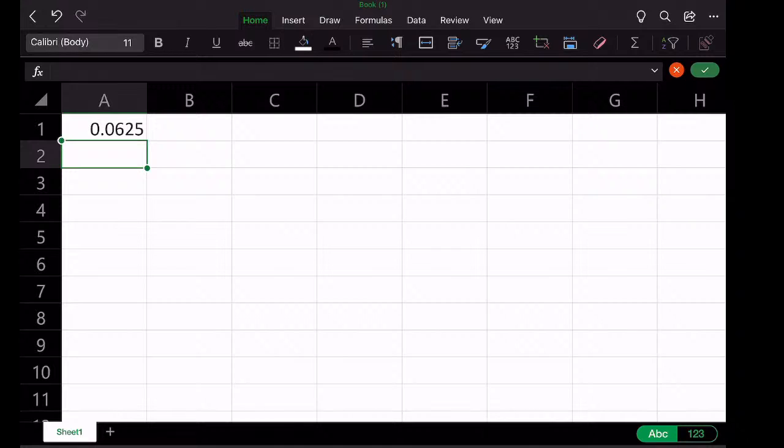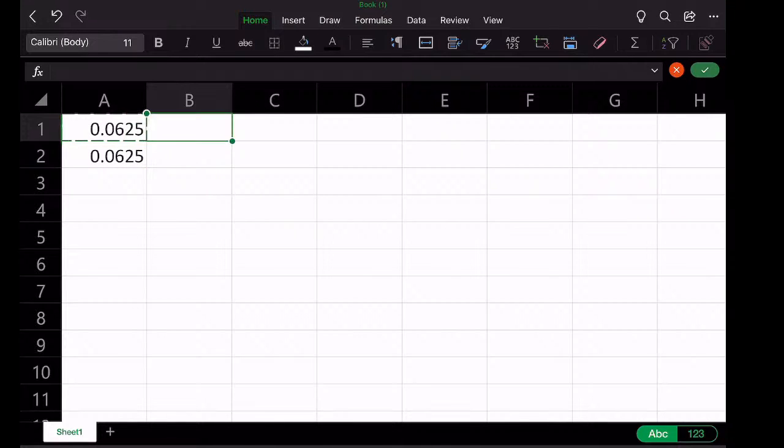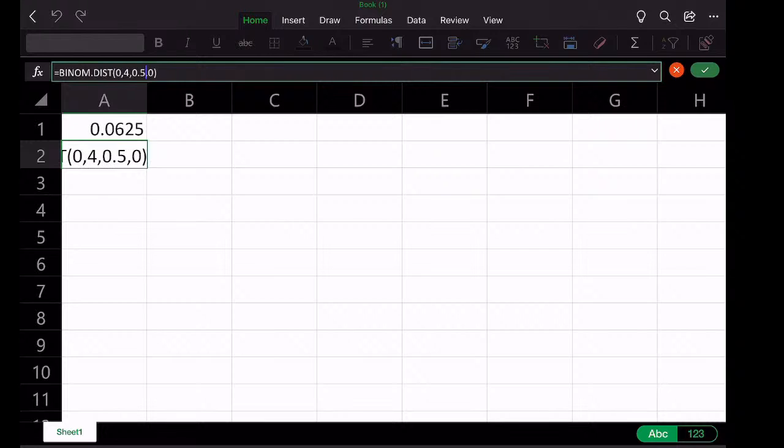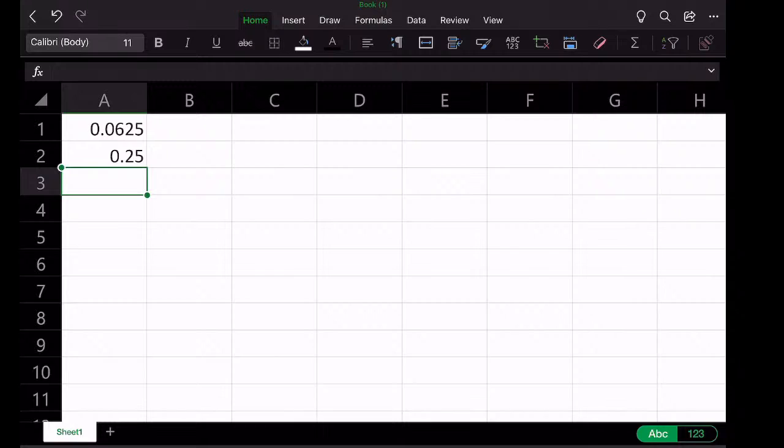There you go. Then I'm going to copy it, but I'm going to change some things in here. So I'm going to change it to 1. So what I'm doing is creating the distribution for n of 4 and p of 50%, which is what we're going to discuss.